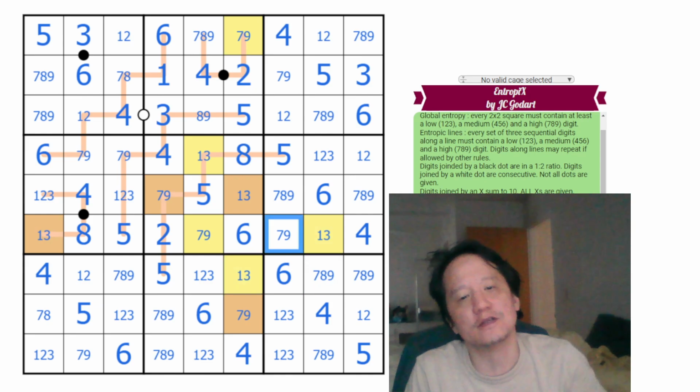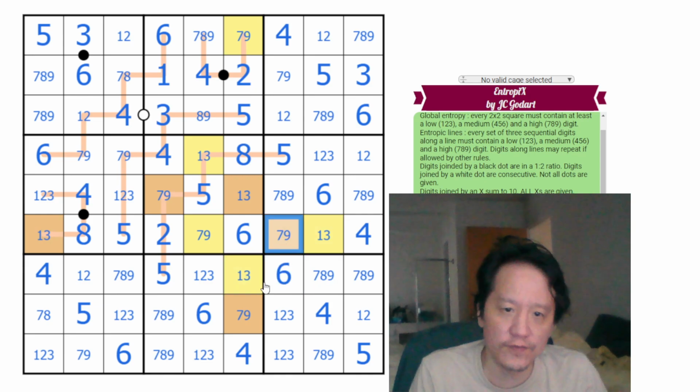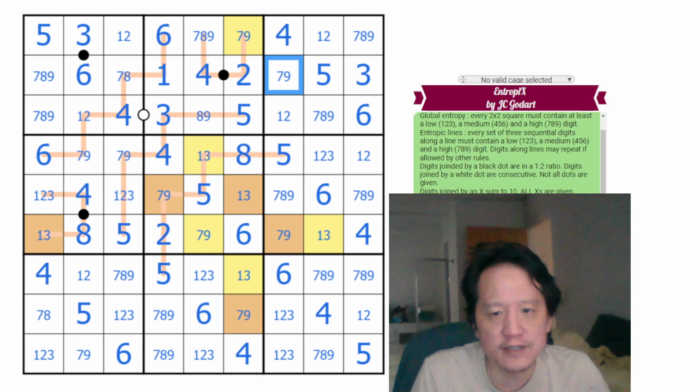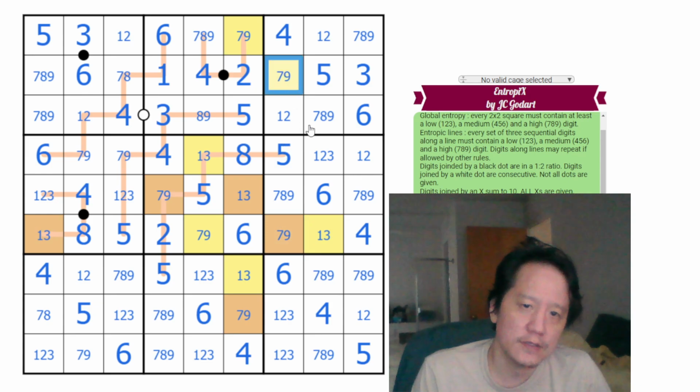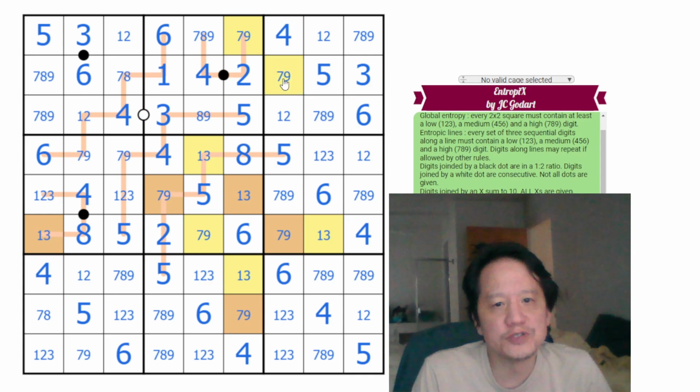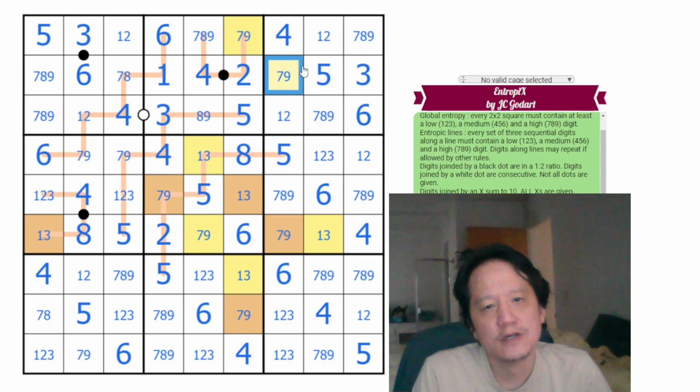And since that's yellow, this has to be the orange one that fits. Which means this has to be the yellow one. Ah, so since this is yellow, okay, there we go. So that's the solution. This is yellow.